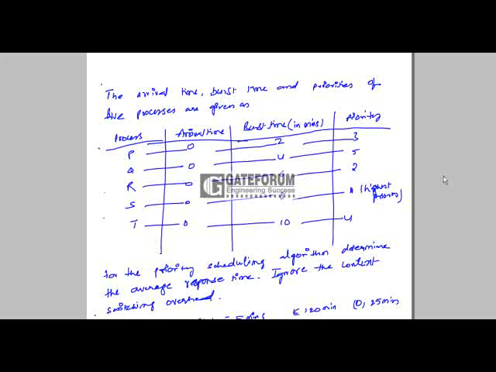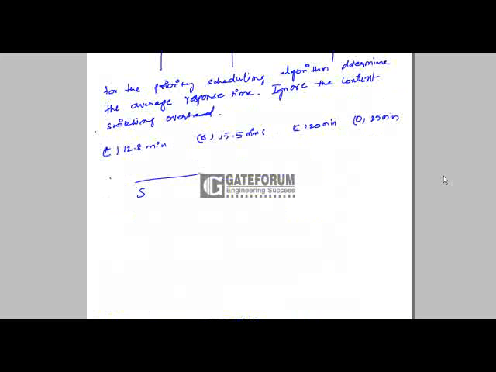So the CPU is assigned to process S at time 0, and the burst time of process S is 8. So from 0 to 8, process S is executed.